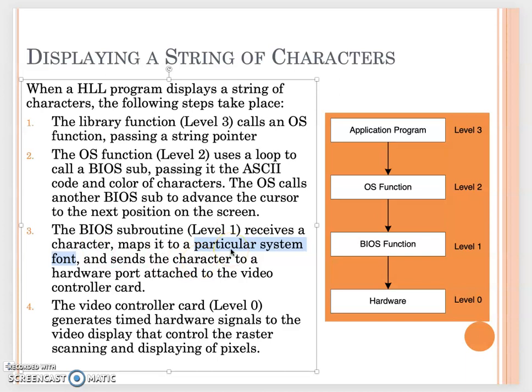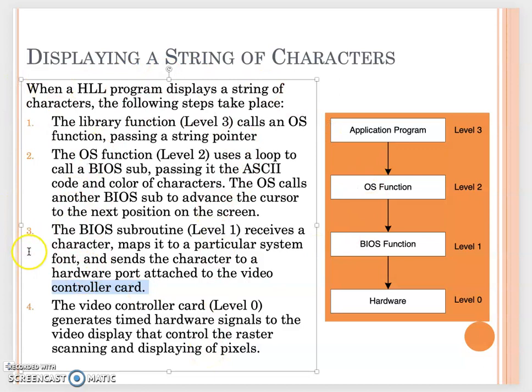If you don't have one, we just use the default. Then they send this character to the hardware port attached to the video controller card. That's our hardware. Your monitor can display it because the video control card generates the timed hardware signal to the video display. That's how they control the raster scanning and display the pixels.